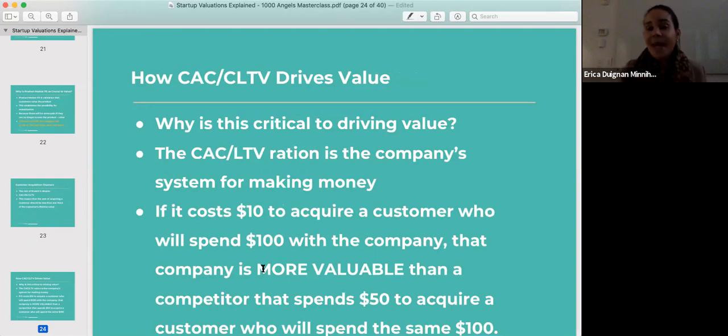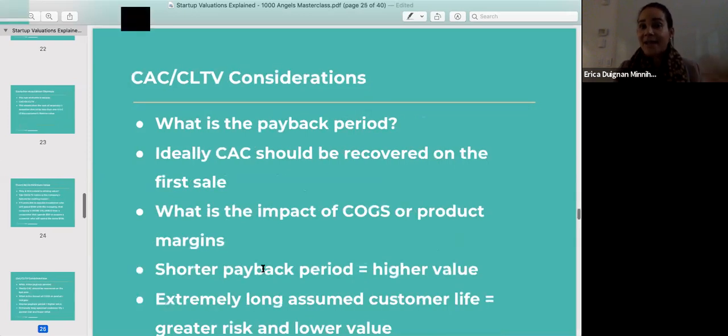So if for company A, it costs $10 to acquire a customer who's going to spend $100 with the company, and at company B, it costs them, for whatever reason, $50 to acquire the customer who will spend the same $100, usually company A is considered far more valuable than company B. So this is how we use this metric to establish relative value, and why having a good CAC to LTV ratio can really drive the valuation of a startup.